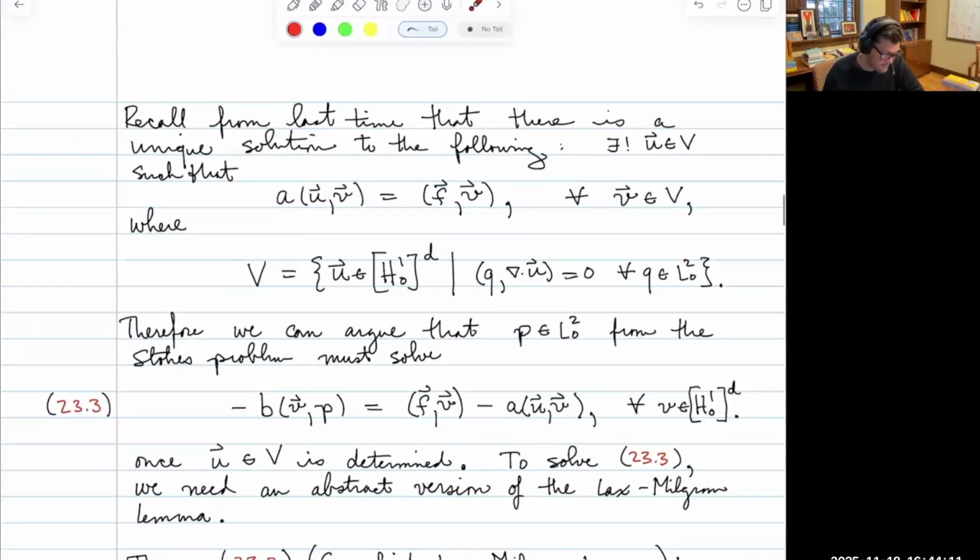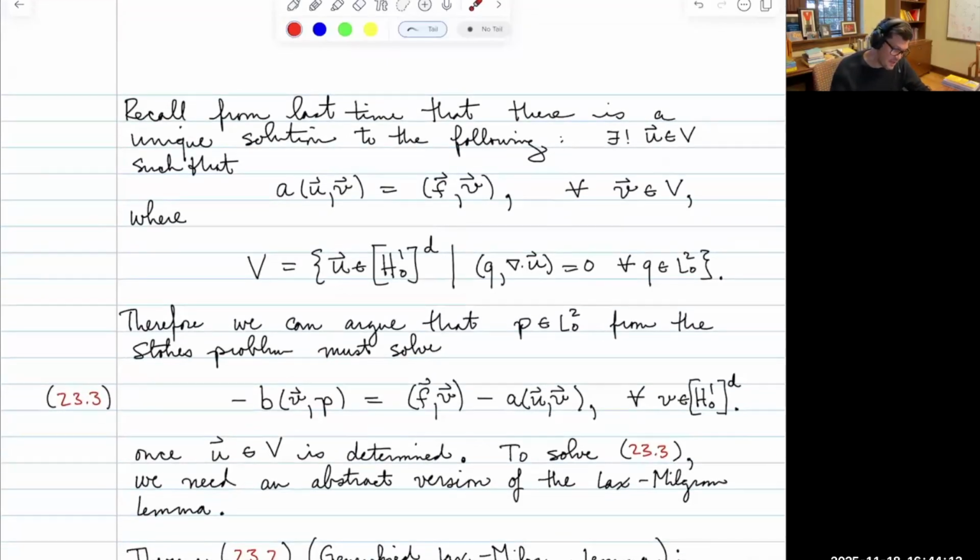Okay, so from above and last time we showed that if we had a solution to the Stokes problem, then it was the unique solution to this problem where the test functions are from the same space as the solution, this space we called V. Okay, and there's V once again.